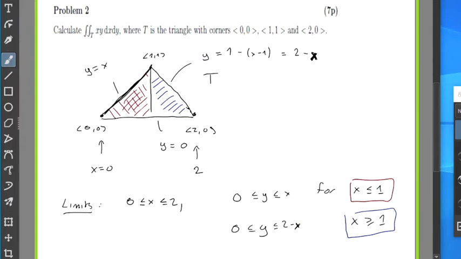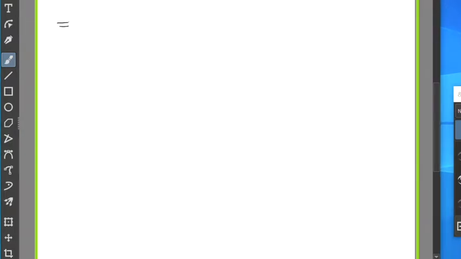So once we have these limits, we can write down our iterated integral. It's actually simplest to divide this into two integrals. One where x goes between 0 and 1. There y goes between 0 and x for each x.